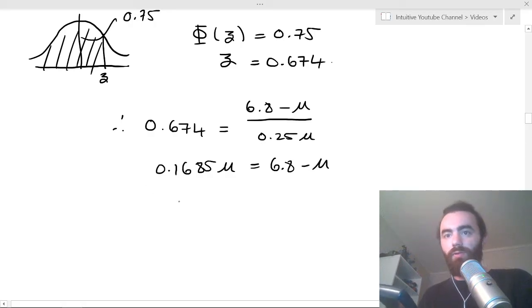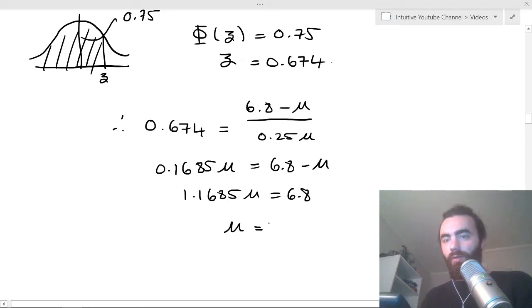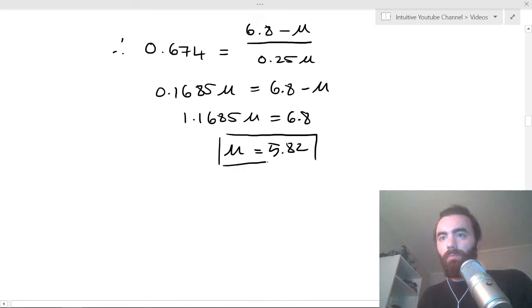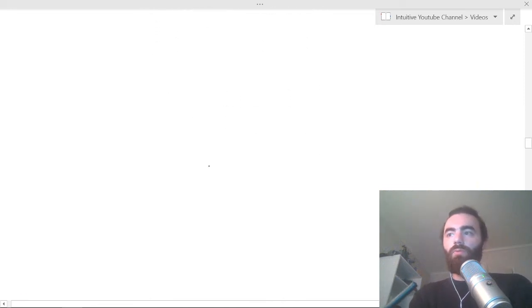So 1.1685 mu equals 6.8. So we get the mean value equals 5.82. Cool.